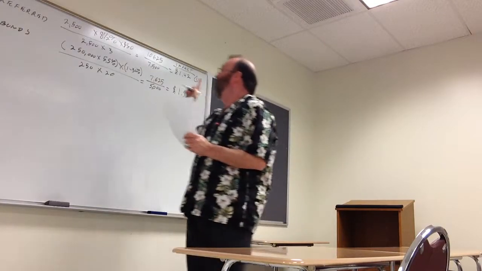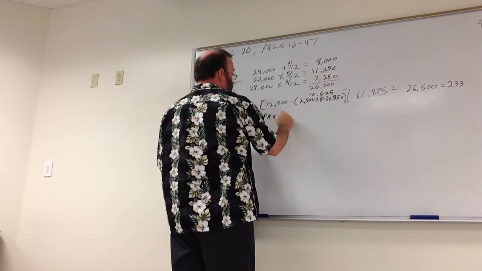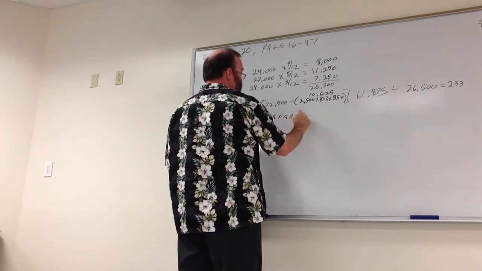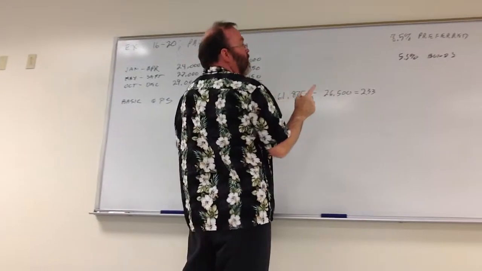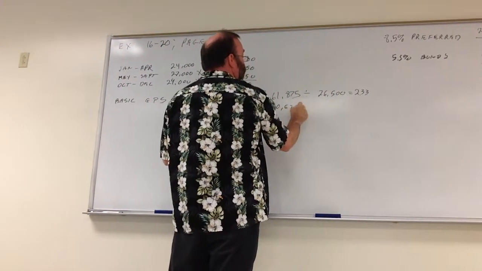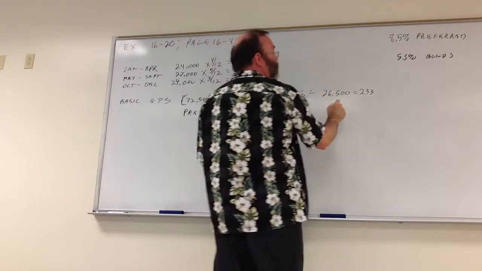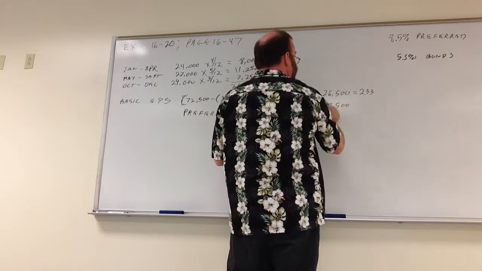So what we do is we start with the preferred. We add the numerator of 10,625 and the denominator of 7,500.